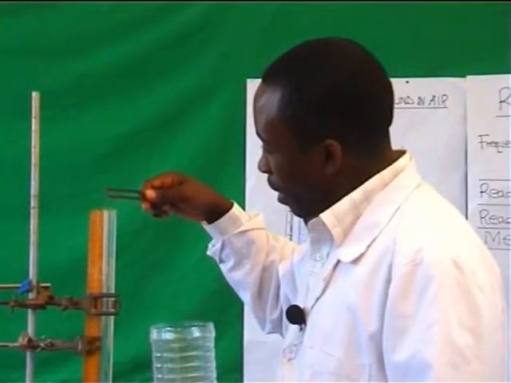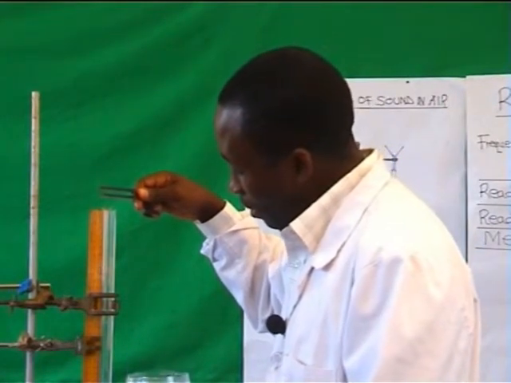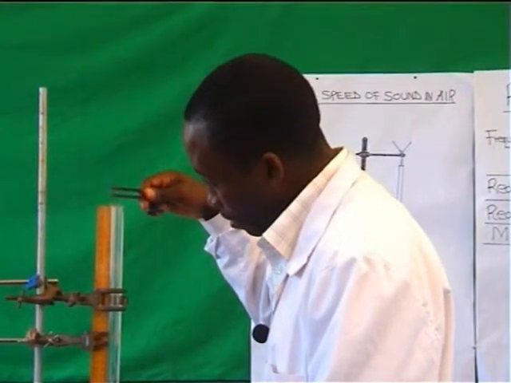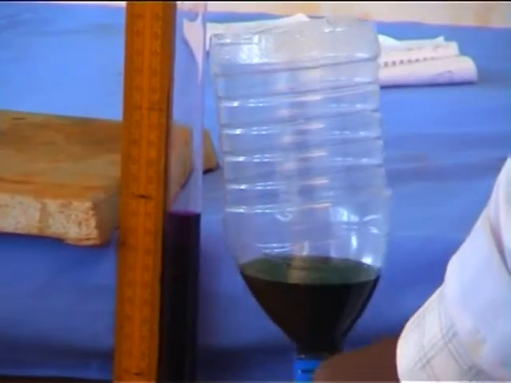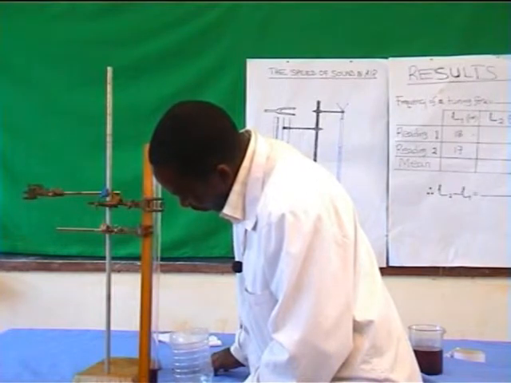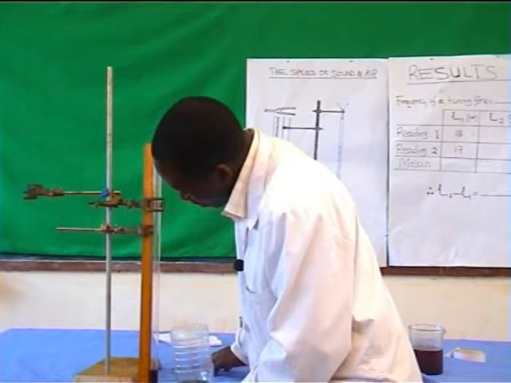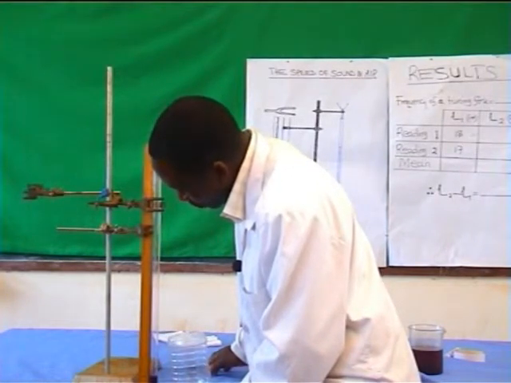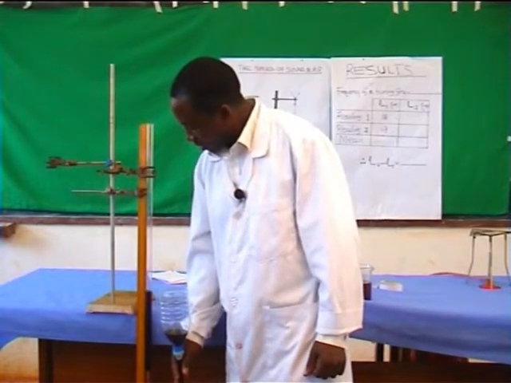Increase the air column by lowering the level of water until the second resonance is observed. The second resonance has been observed at a distance of 54 centimeters from the end of the resonance tube. Record this and repeat.